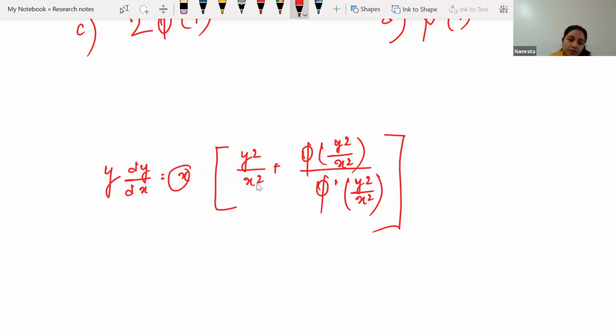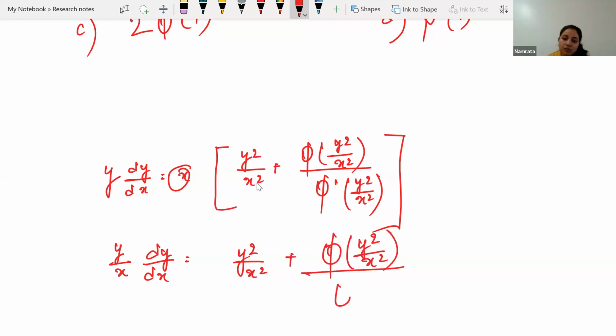And this x, we will just shift it to the other side. Here also we'll have y by x. So y by x is everywhere. Let's assume this y by x as t.